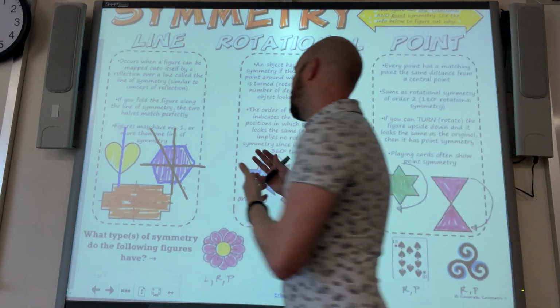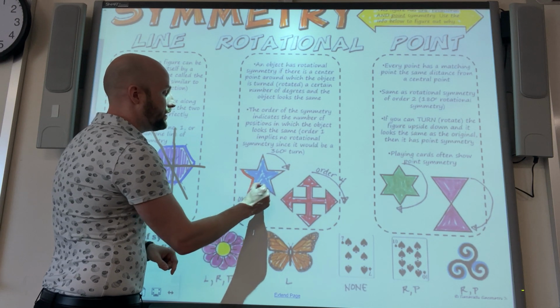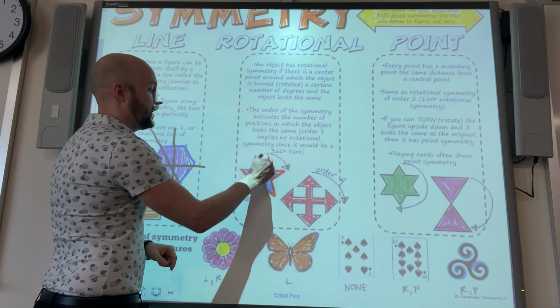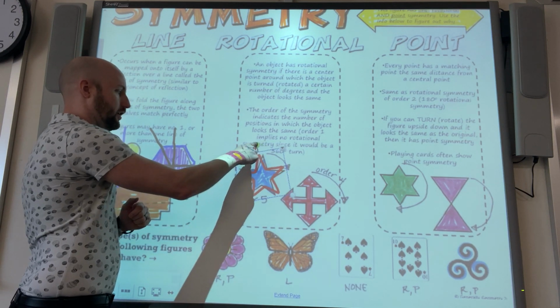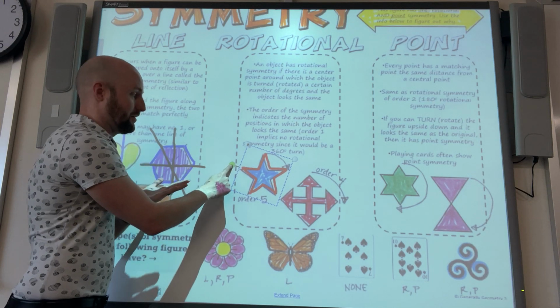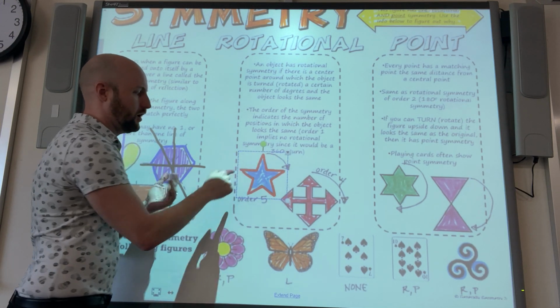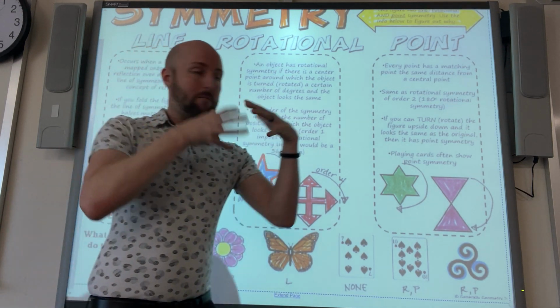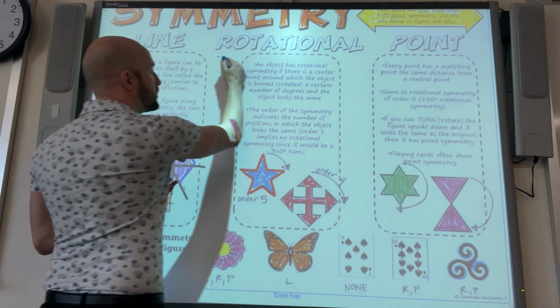Rotational is kind of what it sounds like. If I take this shape and, at any point while rotating it, it lines up with itself. So I start to turn it, and it matches up again, and it matches up again. In fact, it's hard for me to tell even where I started, because as I spin it, it all matches. As we turn it around, that is called rotational symmetry.